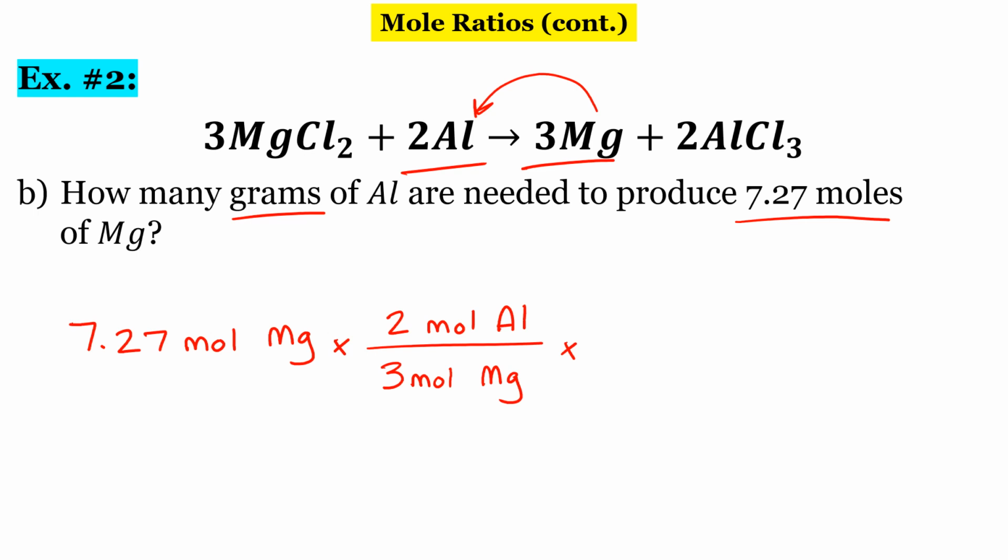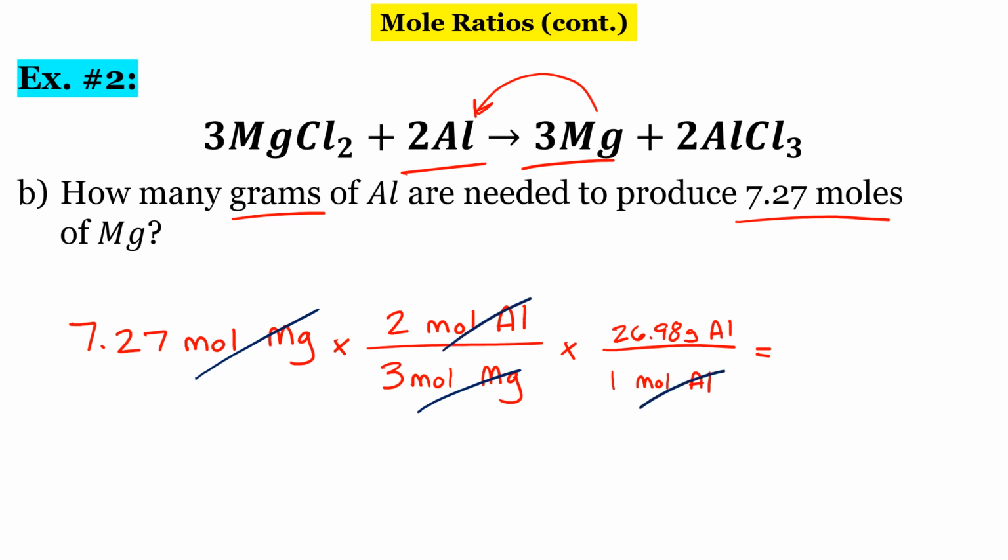Now we're going to need to add one more step on, because right now all we've done is we've converted from moles of magnesium to moles of aluminum, and it wants grams. So if you look up the molar mass of aluminum, 1 mole of aluminum has a molar mass of 26.98 grams of aluminum. So the moles of aluminum will cancel.